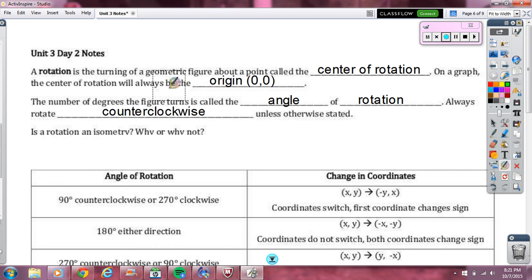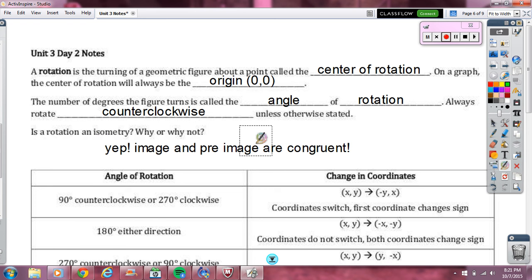When we're rotating or turning a figure, we're not changing how big it is, so this is a type of isometry. The image and the pre-image are congruent, so we've now seen our three types of isometries: rotations, reflections, and translations.